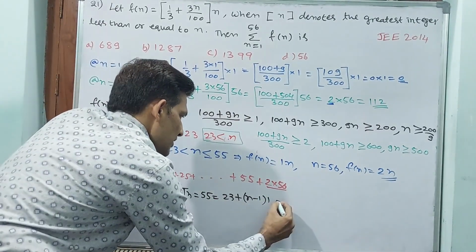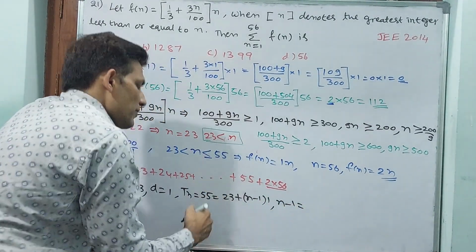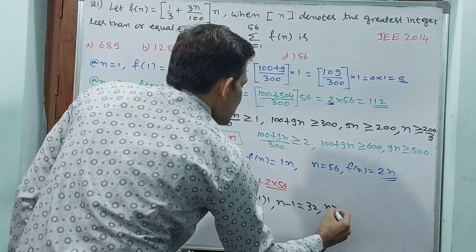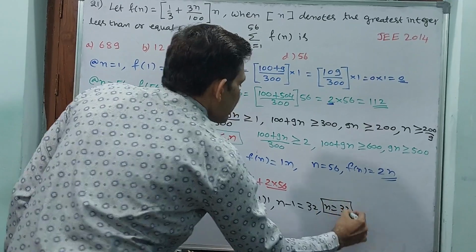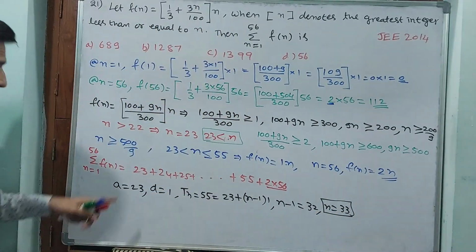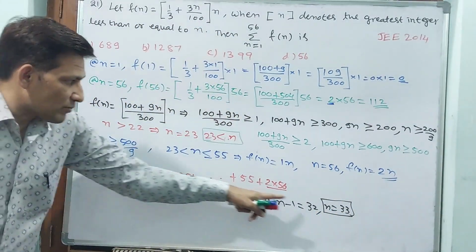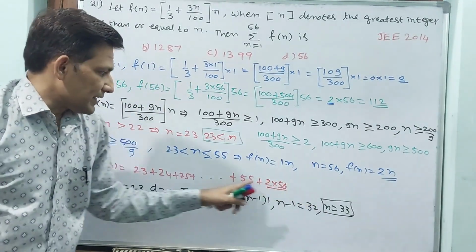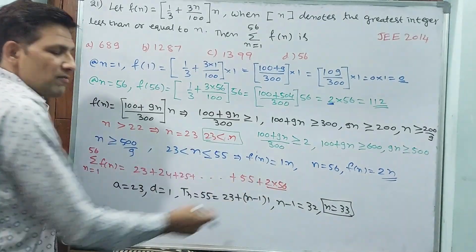That means n minus 1 is equal to 55 minus 23, which is 32, and n is equal to 33. So there are a total of 33 terms up to 55.